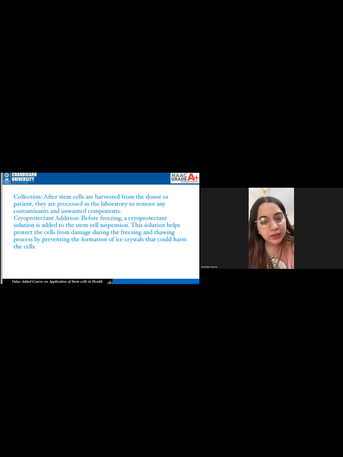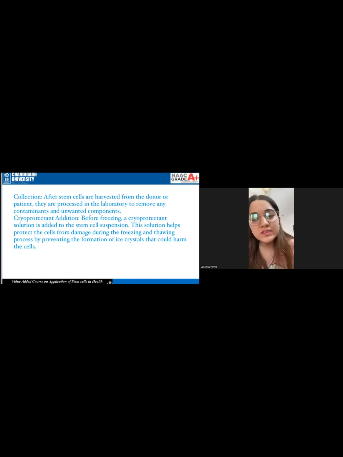So, cryoprotectant addition before freezing: a cryoprotectant solution is added to the stem cell suspension. Now this is an addition where we will be adding to the stem cell suspension, which is like a slime. We will be harvesting these stem cells from the donor. We need to freeze it first. The solution helps to protect the cells from damage.